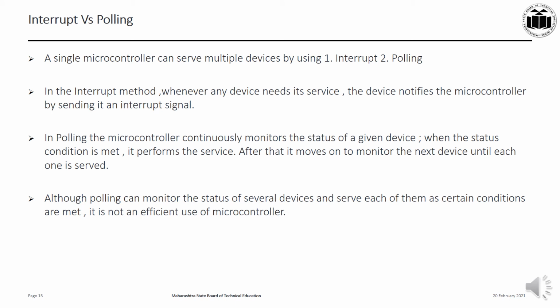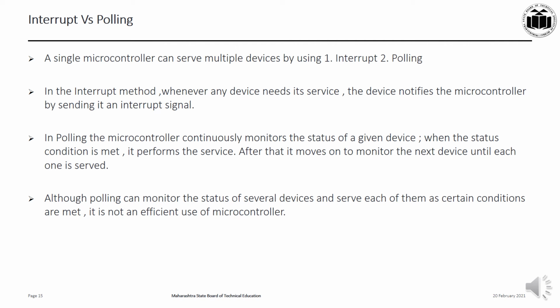A single microcontroller can serve several devices. There are two ways to do that: interrupt or polling. In the interrupt method, whenever any device needs service, the device notifies the microcontroller by sending it an interrupt signal. Upon receiving an interrupt signal, the microcontroller interrupts whatever it is doing and serves the device.